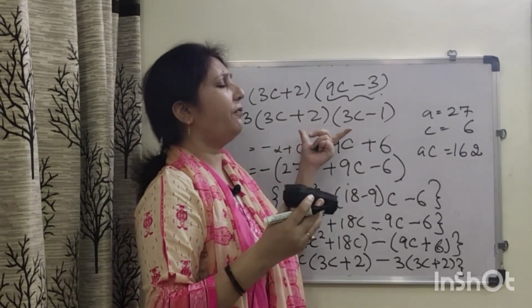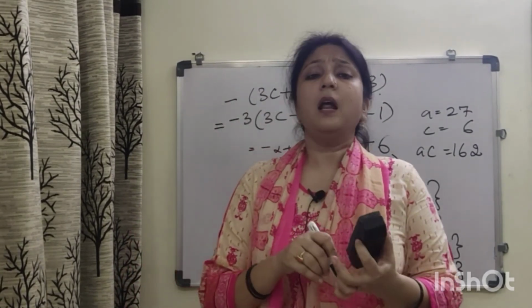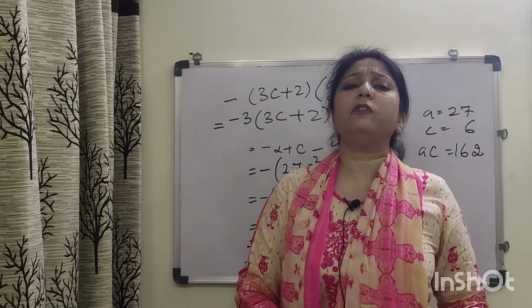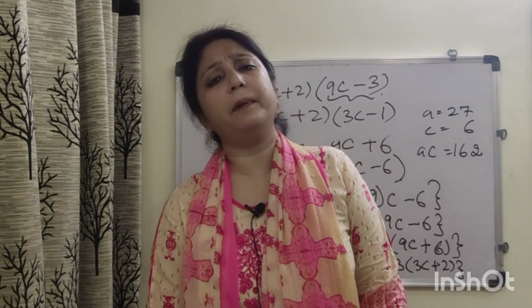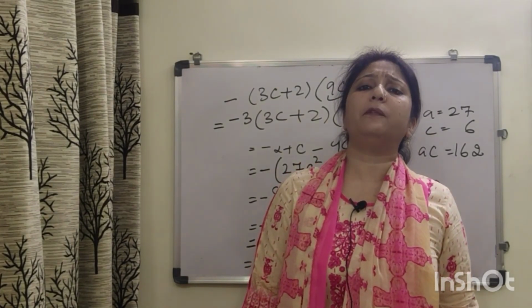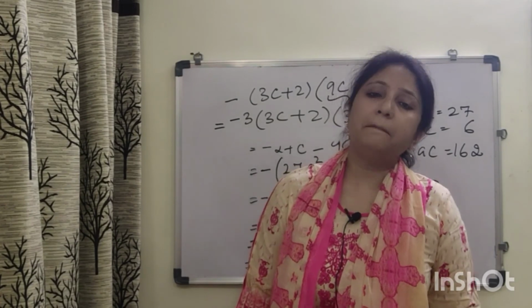So this is your final answer. This is how we can factorize the expressions in the form of x square plus bx plus c or ax square plus bx plus c by using the method of splitting the midterm.